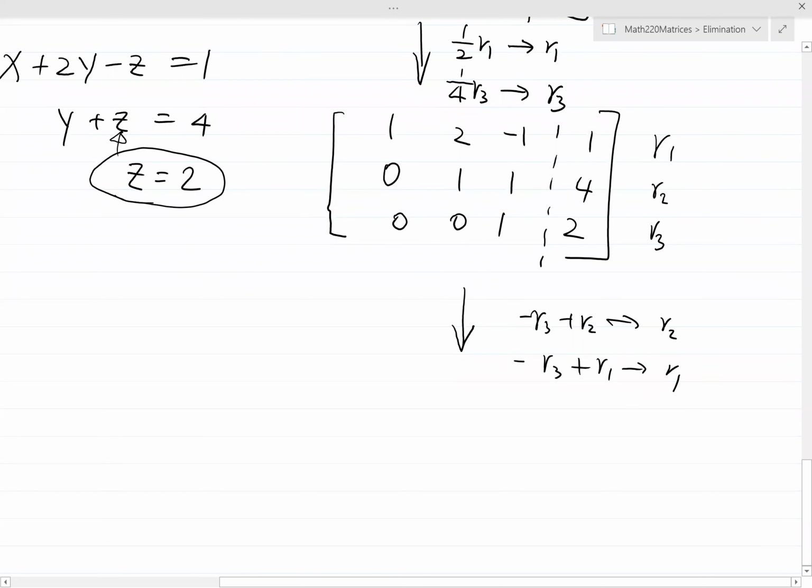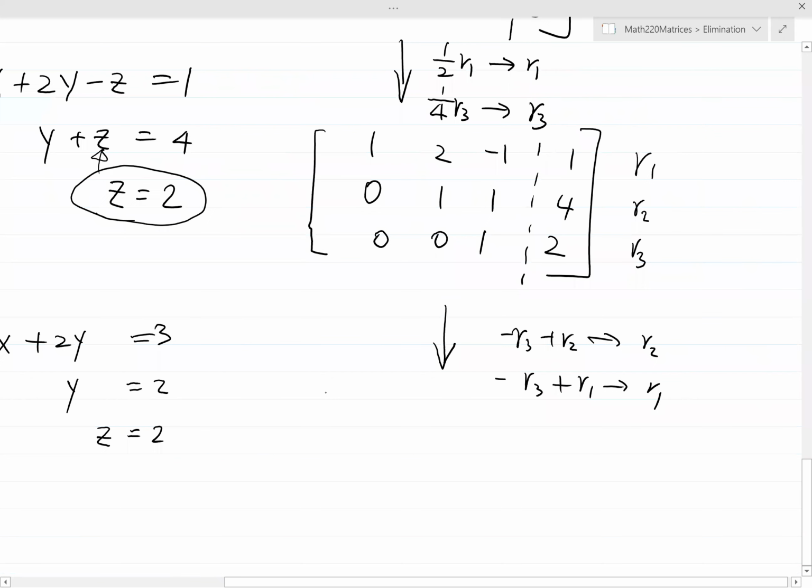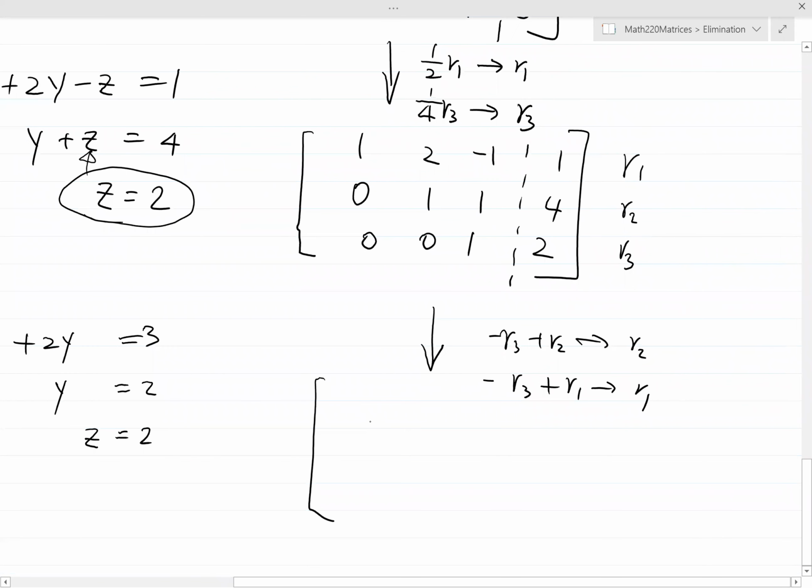So what you get in this case is x plus 2y equal to 3. This you get y equal to 2, z equal to 2. Okay, now this you get 1, 2, 0, 3, 1, 0, 1. This is 0, 0, 0. This is 2, 2. Okay, now the last step, you solve x.